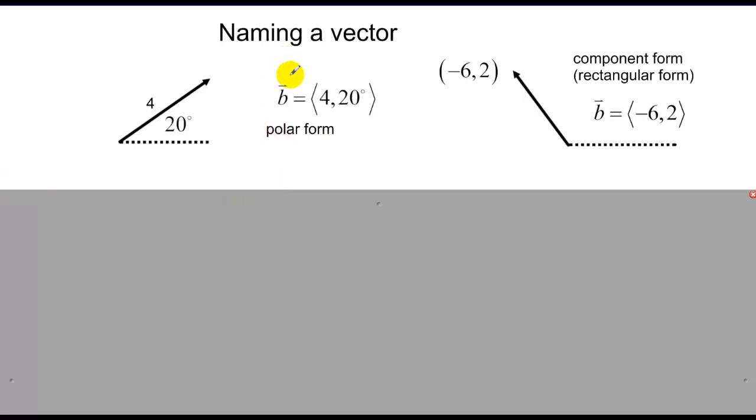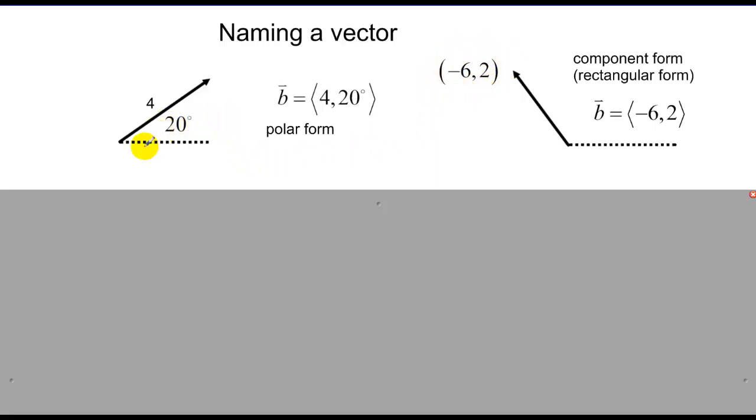So if I want to name a vector, we typically name a vector with a point, but you know that a vector is different than a point because of the notation we have here. If you look at these brackets, they look like inequality brackets, whereas a point like negative 6, 2 is in a set of parentheses.